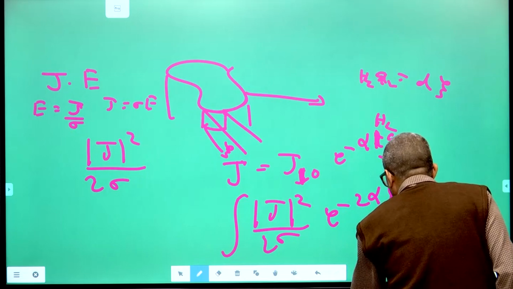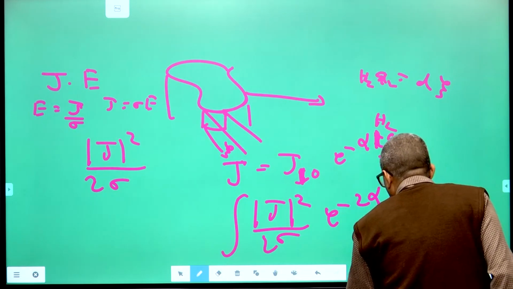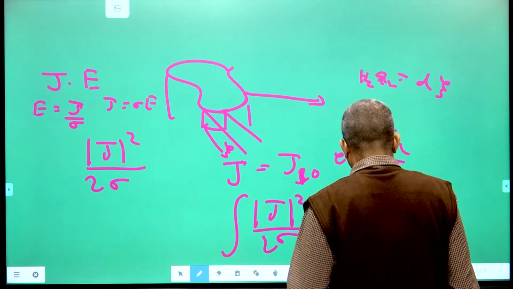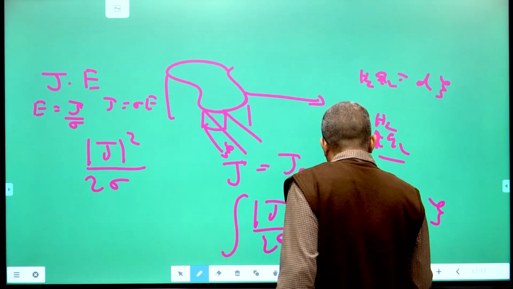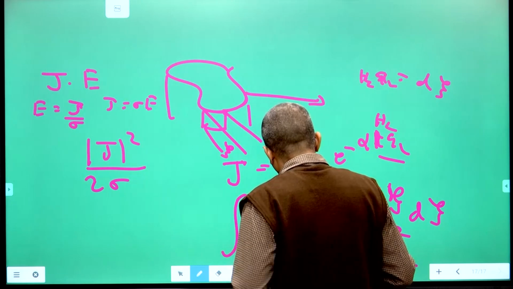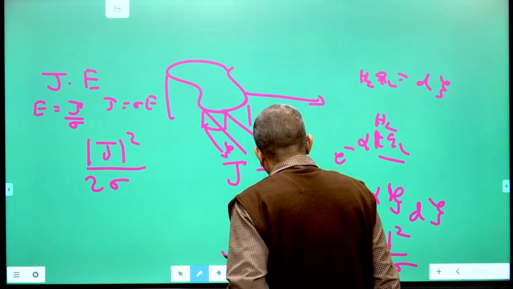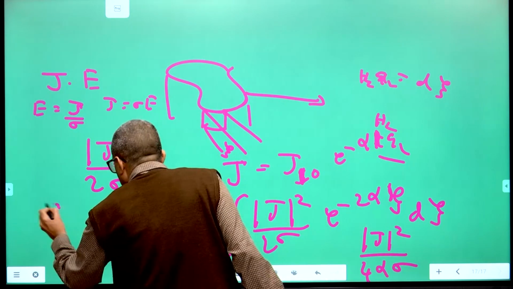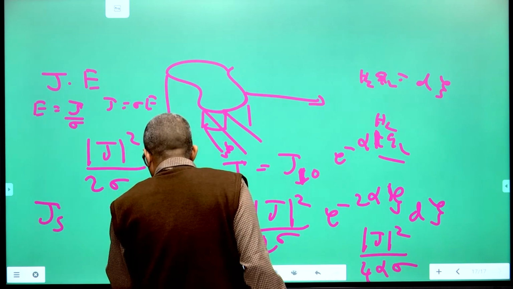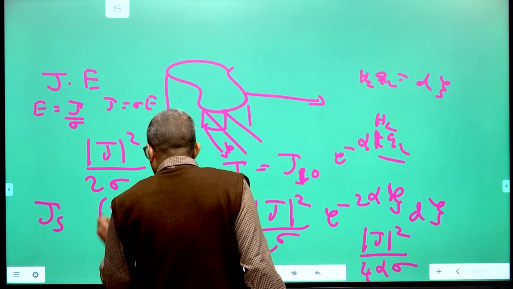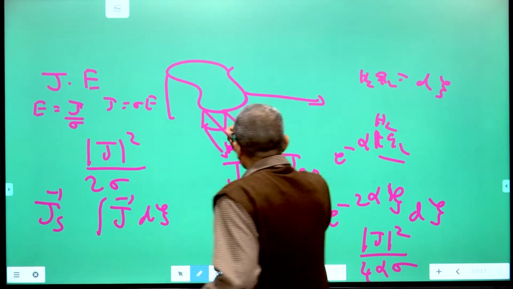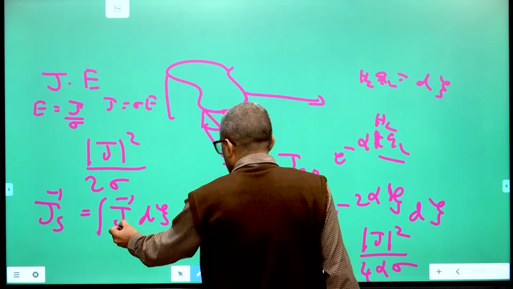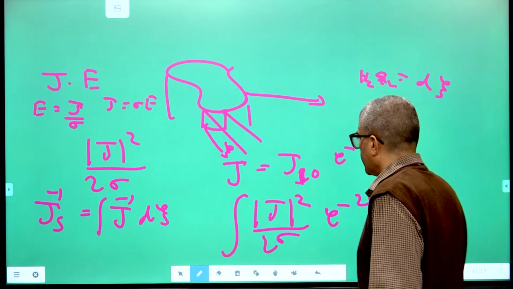So this gives you the power dissipated per unit area on the boundary surface. This will become mod J square on the surface divided by 4 alpha sigma. But note one thing: what is the current per unit length? It is J d xi, the surface current per unit length, where J is the volume current density inside the conductor.